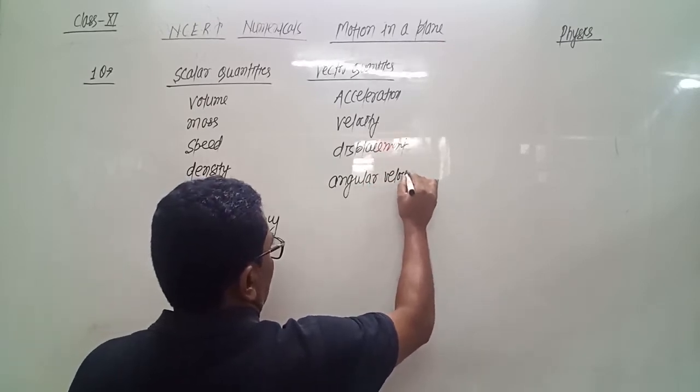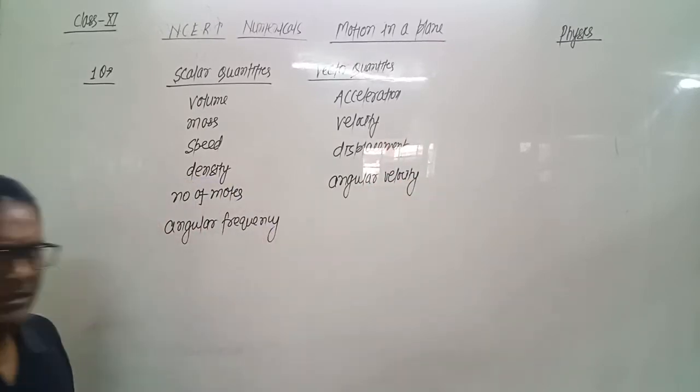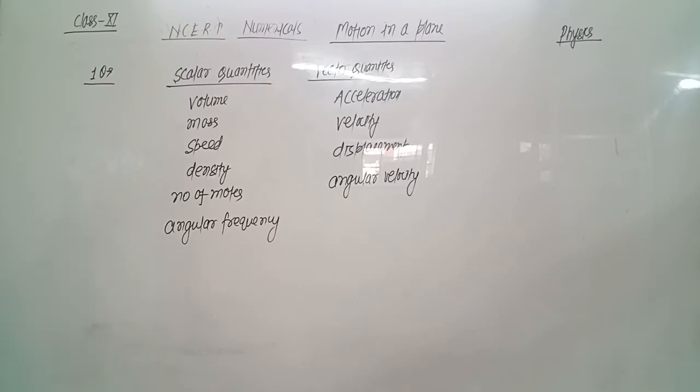Angular velocity is also a vector quantity. So among all these given quantities, the scalar quantities are volume, mass, speed, density, number of moles and angular frequency. And the vector quantities are acceleration, velocity, displacement and angular velocity.